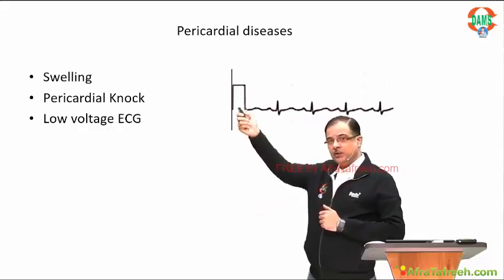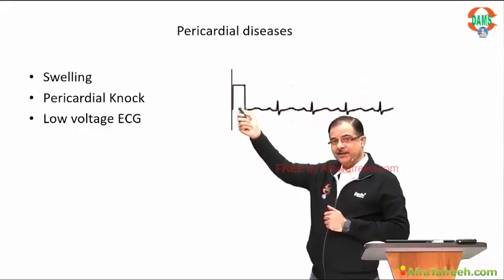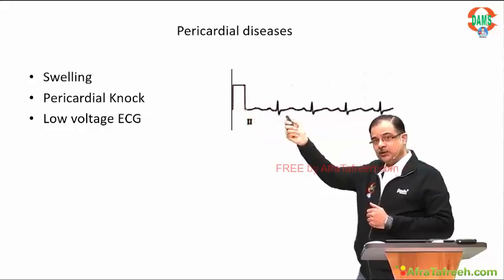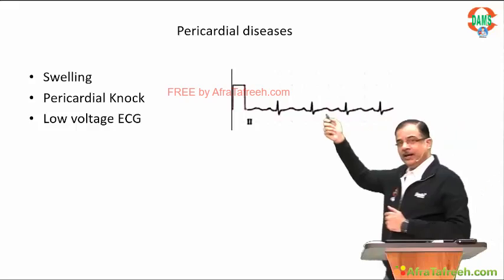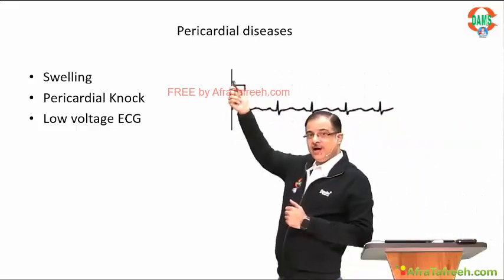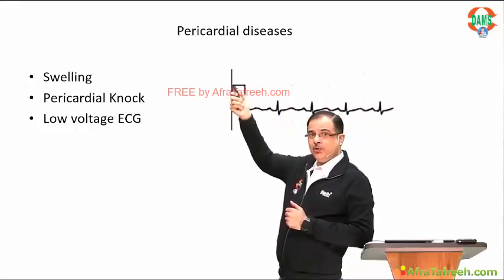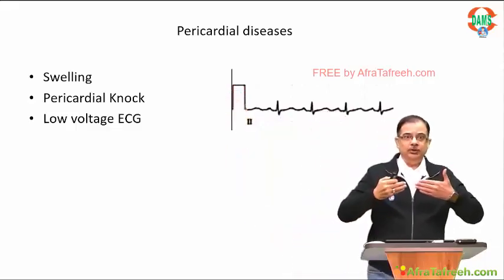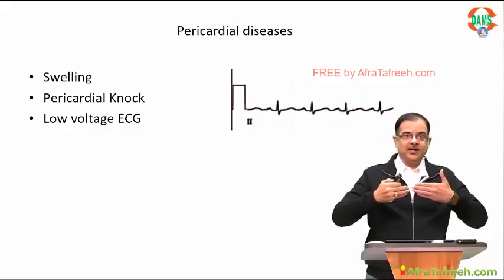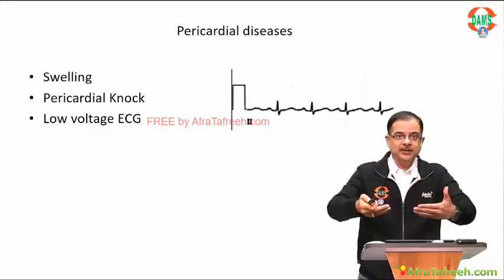But if you compare with this box, this standardization box, you see the QRS complexes. All these QRS complexes are very small as compared with this standard height. Normally they are equal to the standard height in lead 2. So they are low voltage because calcification of the pericardium decreases the current transmission outside.